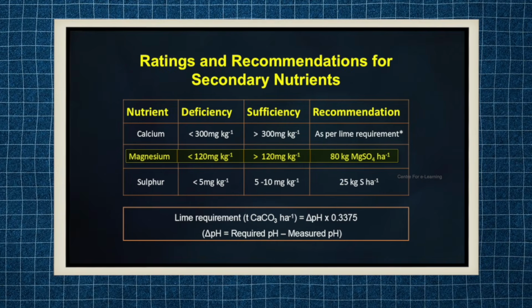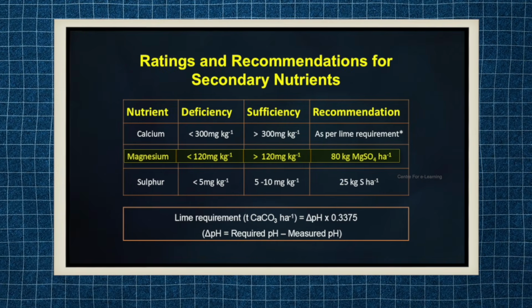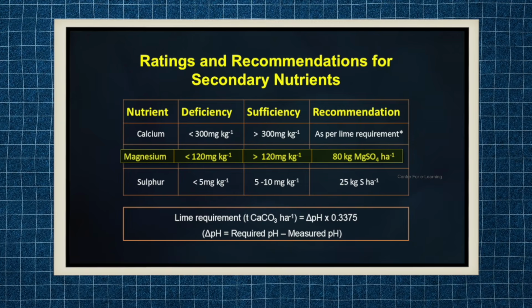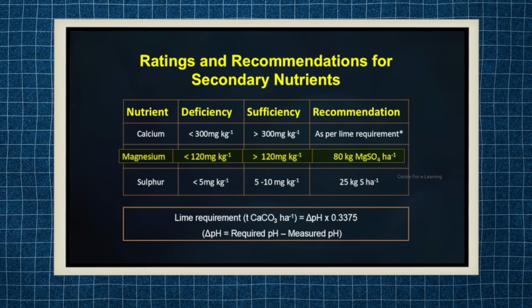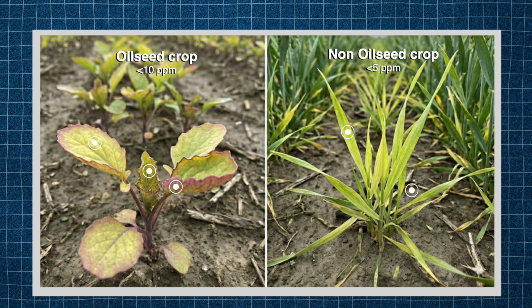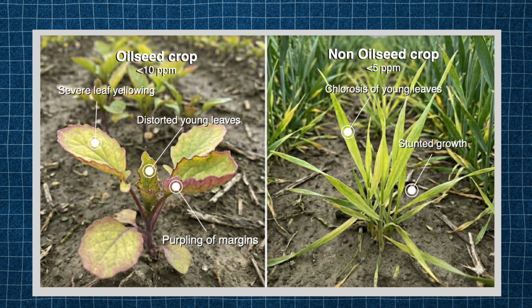Whereas for magnesium, if the available magnesium status is less than 120 ppm, 120 milligram per kg of soil, you have to apply at least 80 kg magnesium sulfate per hectare. So the quantity, in most of the crops, may come as high as that of potassium. Sulfur, except in oilseed crops, if it is less than 5 ppm, you can consider as deficient.